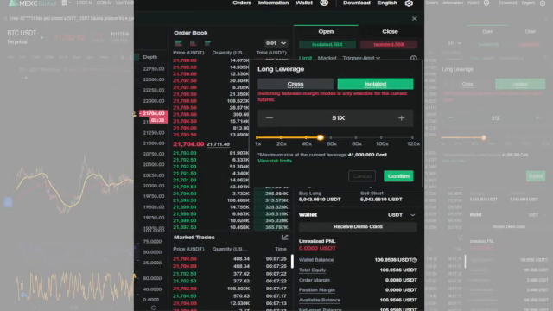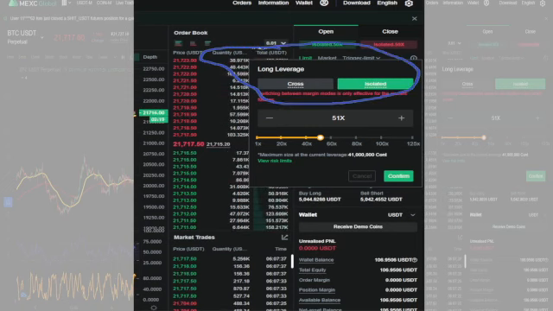In cross, you are literally risking your entire account. So if you're not careful and you get liquidated, when that liquidation amount hits, it's talking about your entire account, not just the current position you're in, but your entire account.